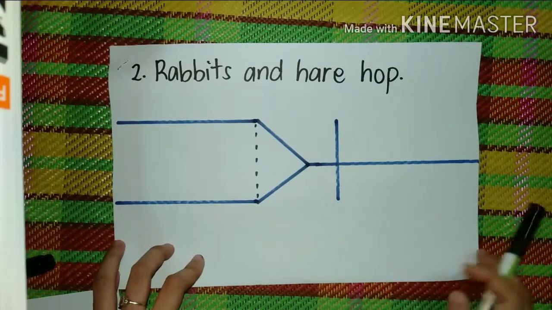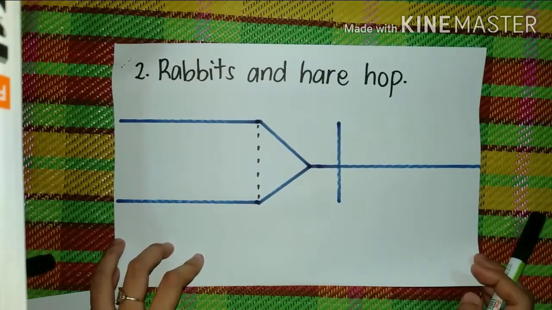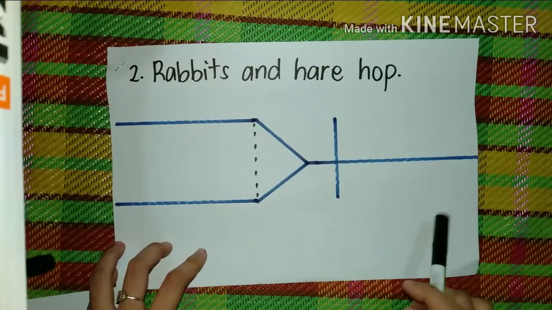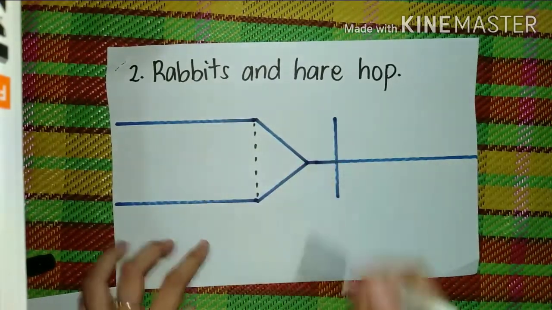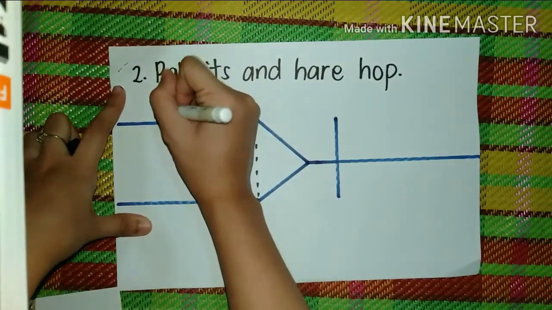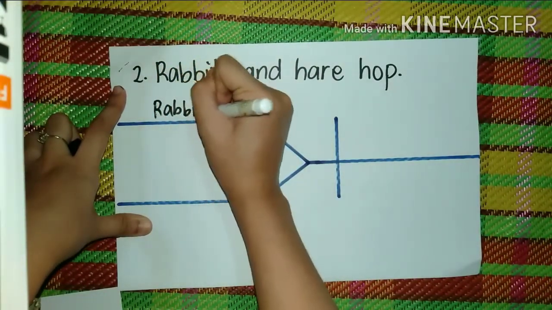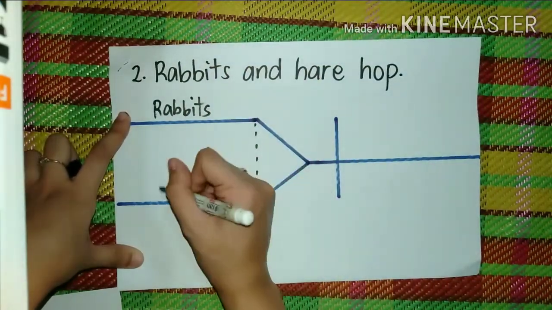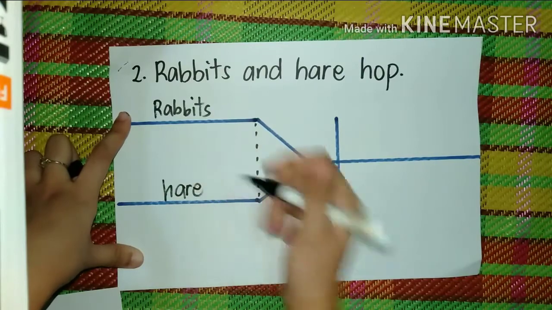Now for example number 2, rabbits and hare hop. So just like the previous example, you just have to identify first the subjects of the sentence. So since we're talking about rabbits and hare, they will be the subjects of this example. So I will write rabbits here, and hare here on this part.